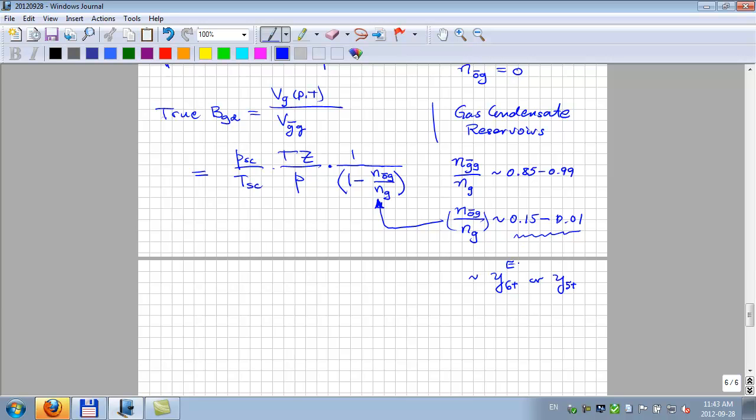So you can estimate the error in using the standard textbook equation by simply knowing how much of this heavy stuff I have in my gas. And that will approximately give you the error, and it'll give you a way to correct that textbook gas formation volume factor equation.